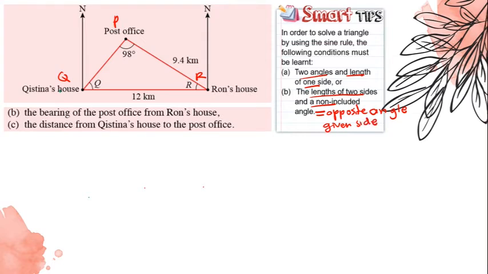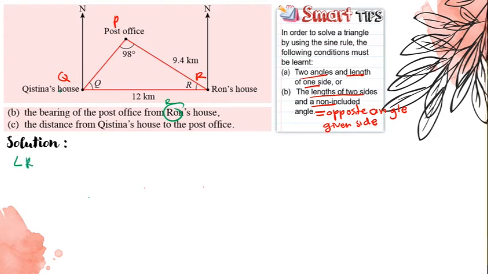Now let's solve question B first: the bearing of the post office from Ron's house. We want to find the bearing, so we need to know the size of angle R first.